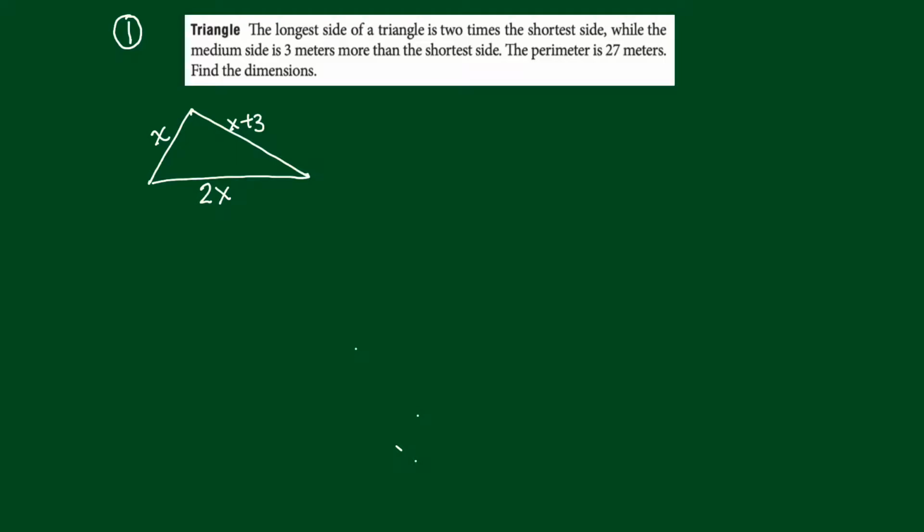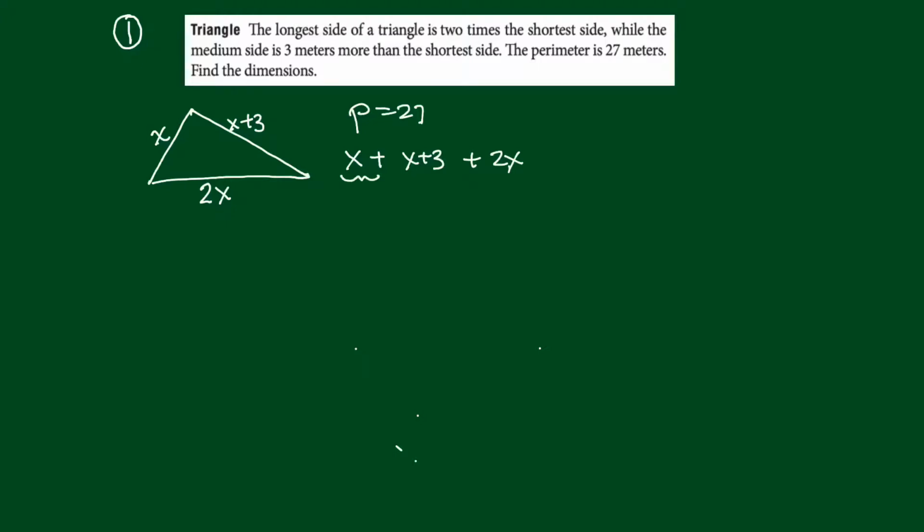So I can get an equation now because it says the perimeter, I'm going to write that down, it says that the perimeter is 27 meters. And I know how to get the perimeter. I just add up this side to this side to this side. Just add those sides together. It doesn't matter what order you put them in. I'll put in x, and then I've got the x plus 3, and then I've got the 2x.